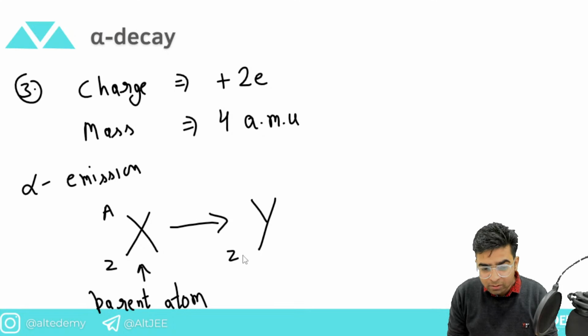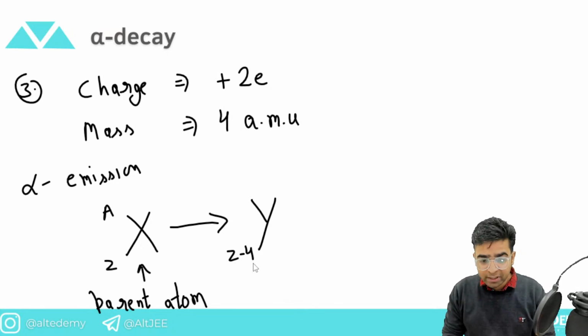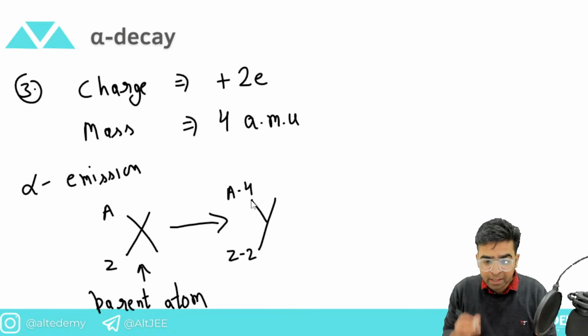Its atomic number will decrease by 2 and its mass number will decrease by 4, giving A minus 4, plus there will be helium, or you can say the alpha particle.